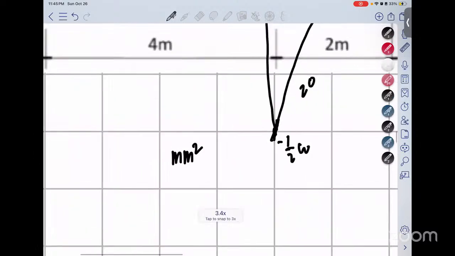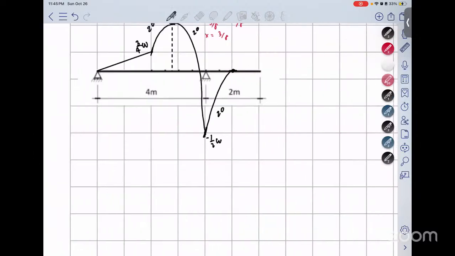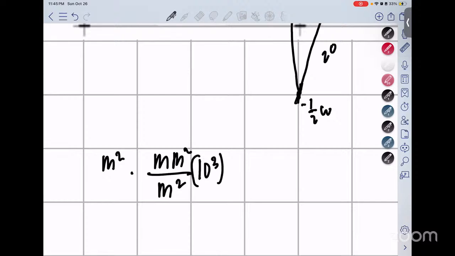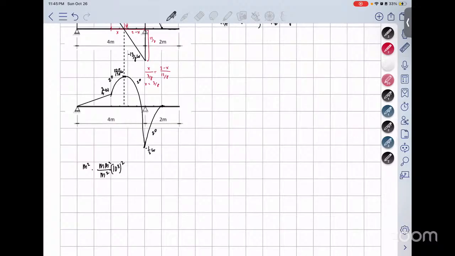Those are the hidden units inside. To convert it into millimeters squared, you would have to multiply by 10 to the 3 squared, so 10 to the 6th. So let's take note of that when we carry over the values we're going to substitute.